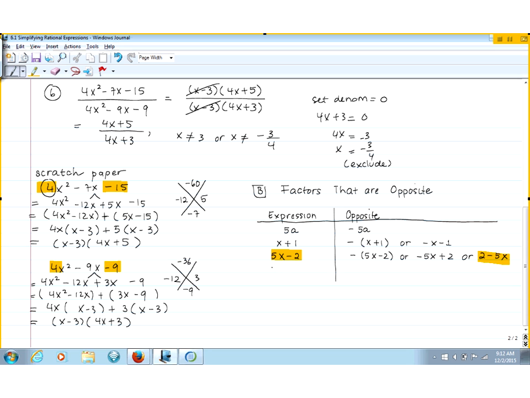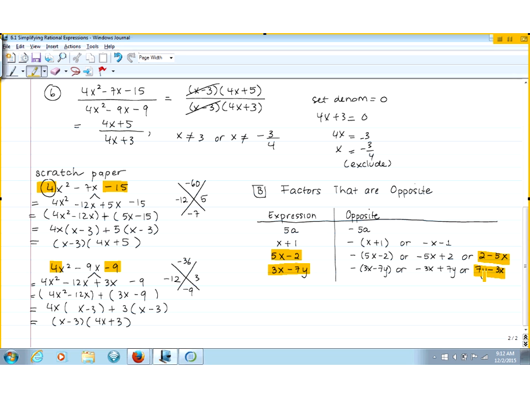What about the opposite of 3x minus 7y? What is the opposite? 7y minus 3x. Or I could say, this is just negative of 3x minus 7y, or negative 3x plus 7y or 7y minus 3x.